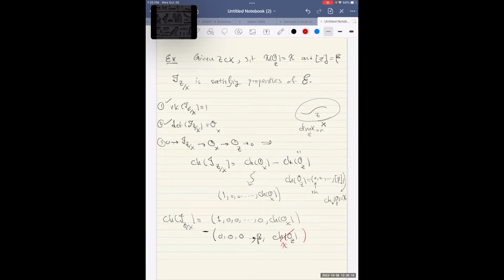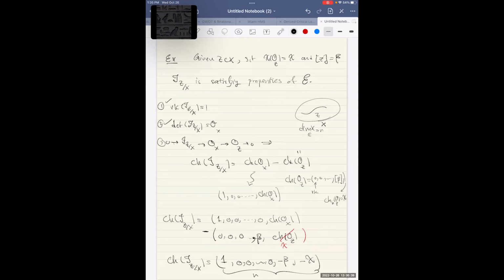So if you calculate, you will see that the Chern character of I_Z,X is 1, 0, 0, 0, minus beta, minus chi. It's a vector. So this is an n by 1 vector, as an n-tuple.